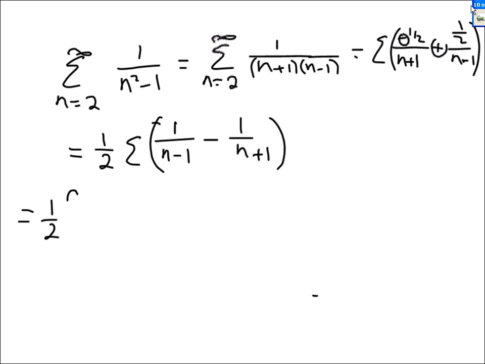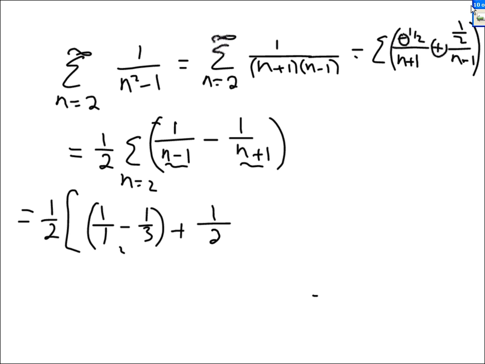So 1 half. Well, first, n is 2. So 2 minus 1 is 1. You get 1 over 1 minus a third, since 2 plus 1 is 3. Now n is 3. 3 minus 1 is 2, minus, and 3 plus 1 is 4.